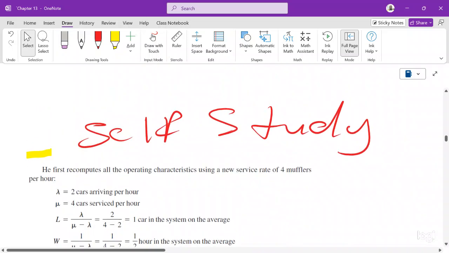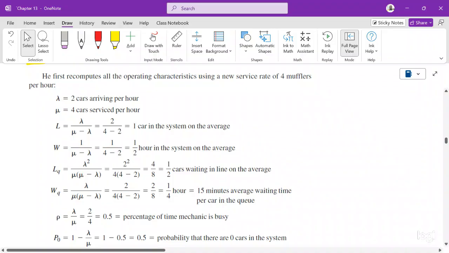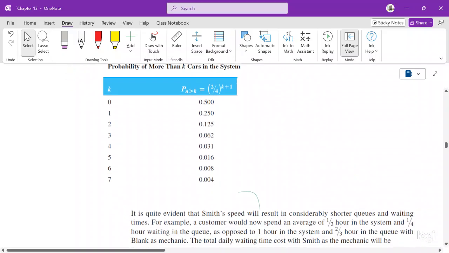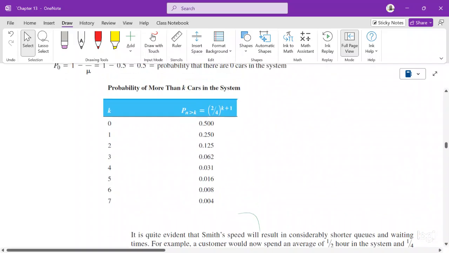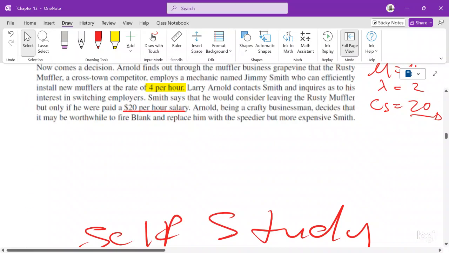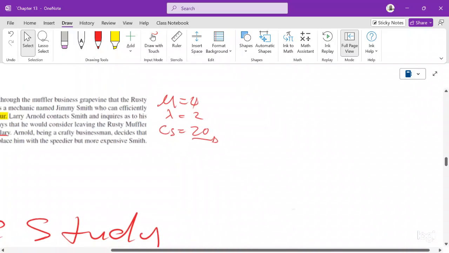This is a self-study. You are going to recompute those calculations that we did from scratch. Then now what I'm going to focus on is the cost, so that we can quickly compare the cost. All right?